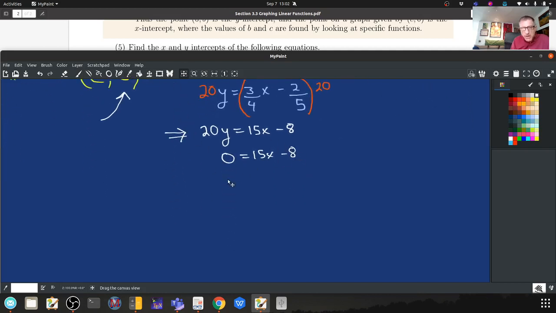I'm just going to move the minus 8 to the other side, and it becomes 8 is equal to 15x. Now I want to know how much 1x is, so I divide both sides through by 15, and x is equal to 8/15.